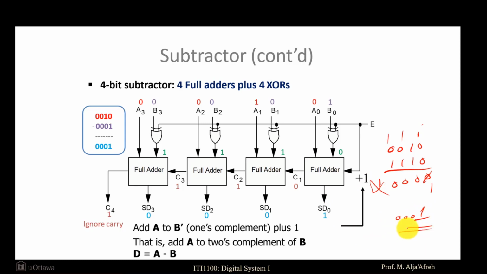Okay, so what we did, guys, we added A to the ones complement of B plus 1, and that is equal to A minus B. Okay, guys? So the bit E here will determine if this circuit will work as a direct addition or as a direct subtraction.